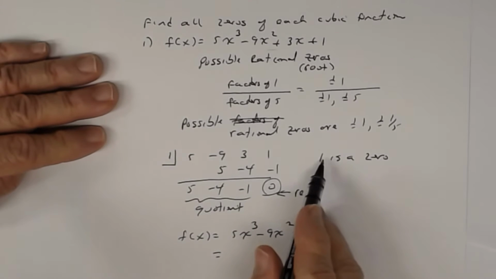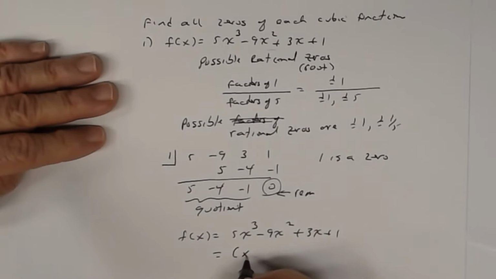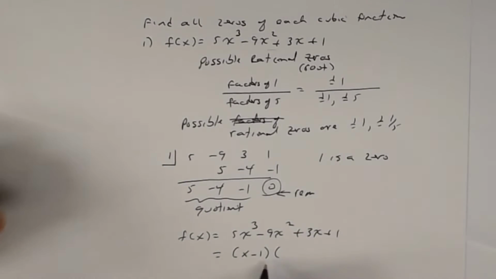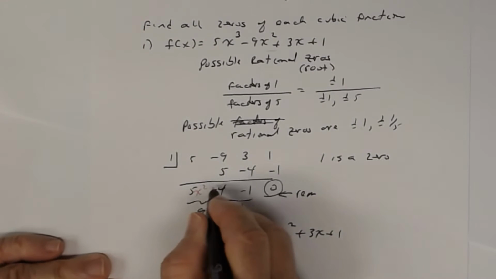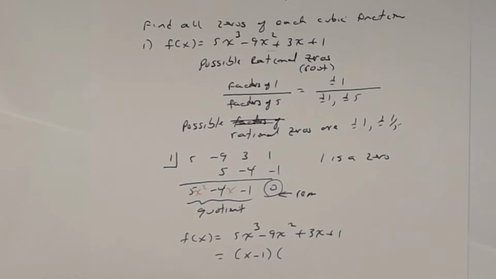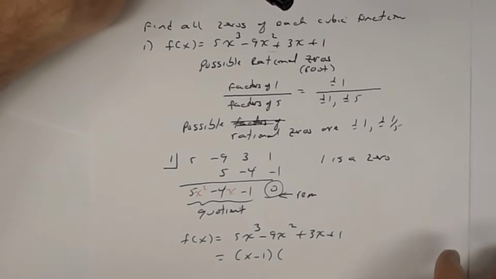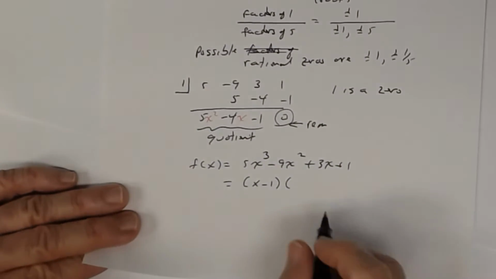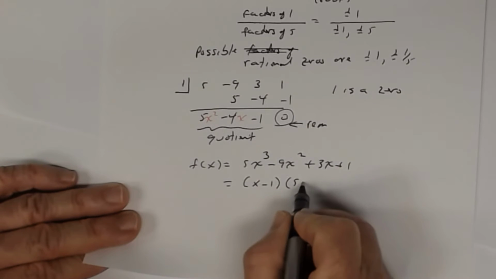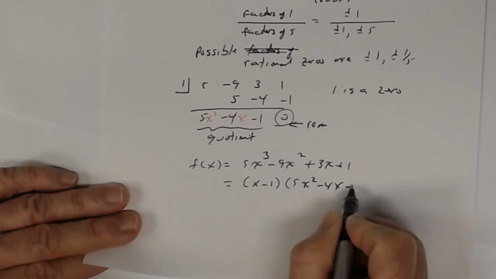And so since 1's a 0, that means one of my factors is x minus 1. And this quotient here is these are the coefficients. So since this is cubic, then this has to be quadratic. So that means this will be 5x squared, and this is 5x, and your constant. So this becomes 5x squared minus 4x minus 1.